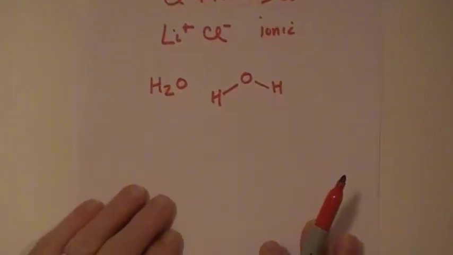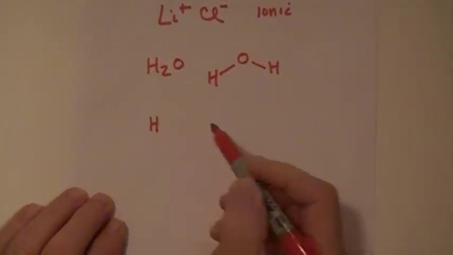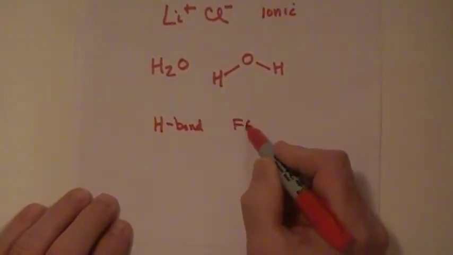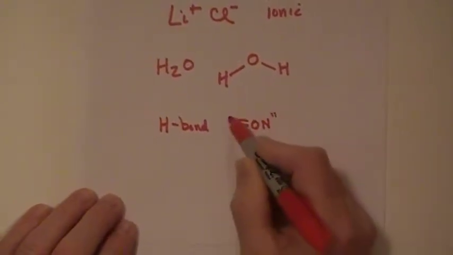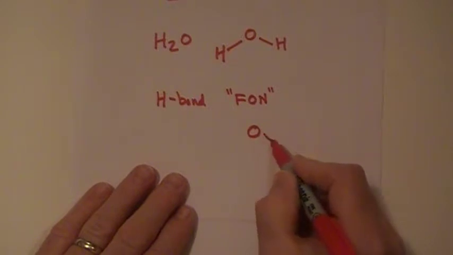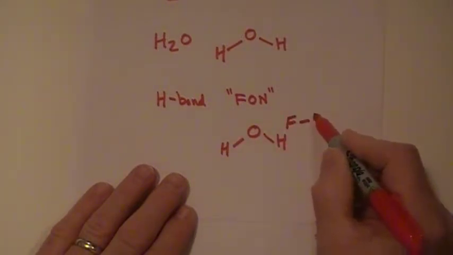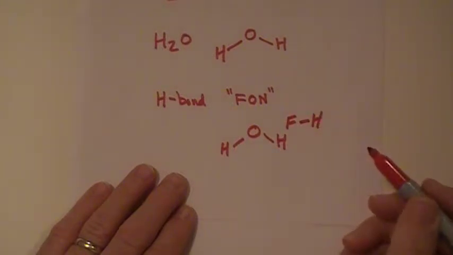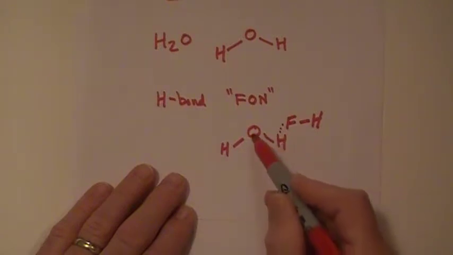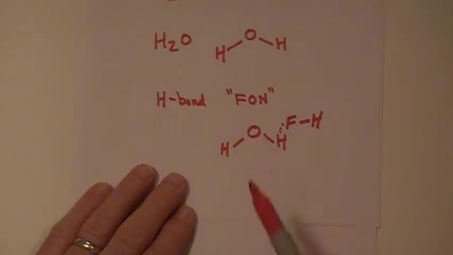And then there are bonds called hydrogen bonds. Hydrogen bonds are very weak. And by that we mean a hydrogen bond could exist, for example, between hydrogen fluoride and water because the hydrogen can exist between oxygen and fluorine.